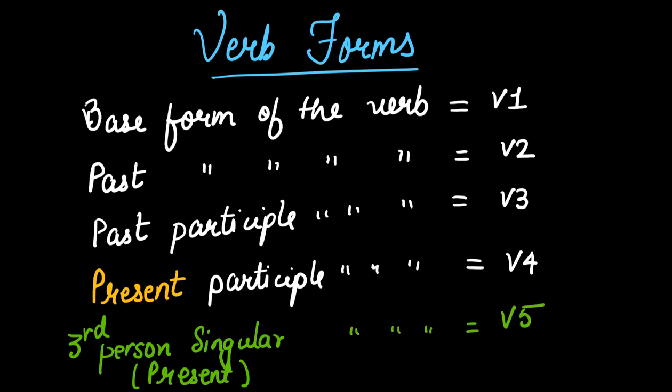For your understanding, the last one means he, she, and it. That's it. He, she, and it. Okay, so make sure that you learn this, and obviously you have to write all the notes, whatever I am sharing on the video, you have to write down in your notebook properly.